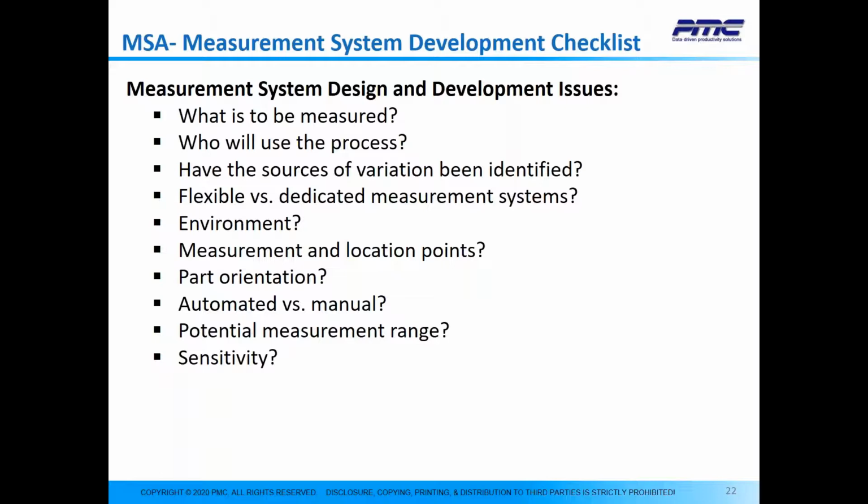Measurement and location points, fixture method, part orientation, part preparation, automated versus manual system, destructive versus non-destructive measurement, potential measurement range, effective resolution, sensitivity. So these are, again, at a minimum, some of those criteria you need to consider, and you can use this as a checklist when you're actually determining your measurement system.